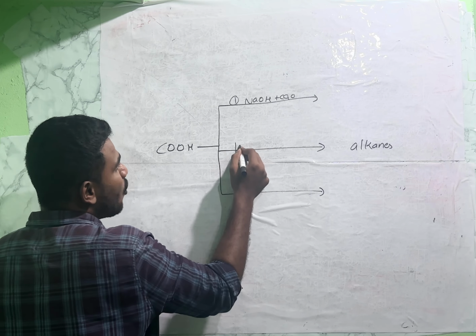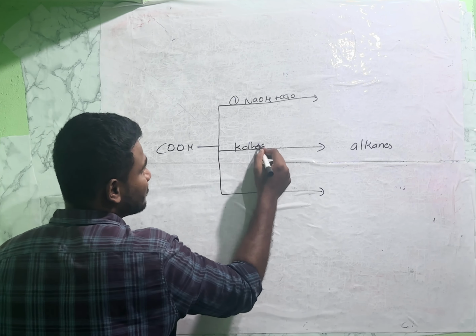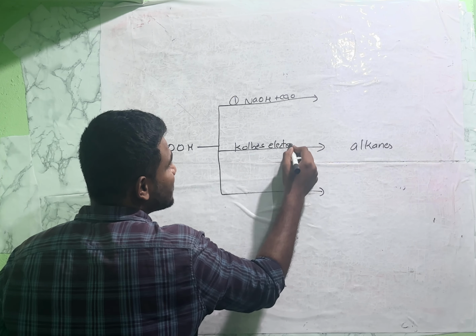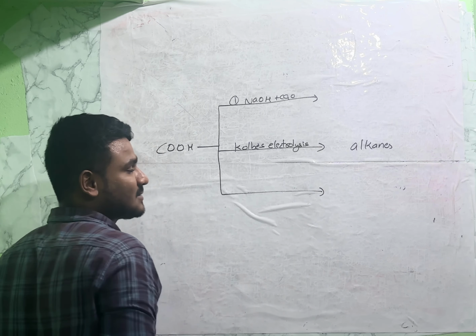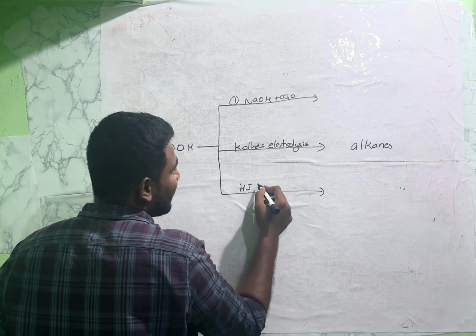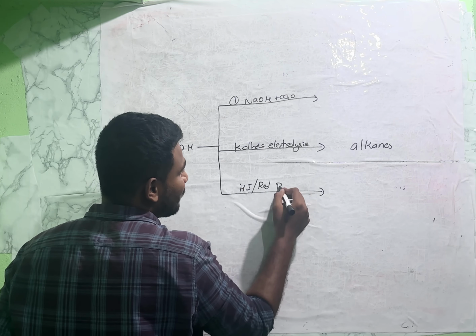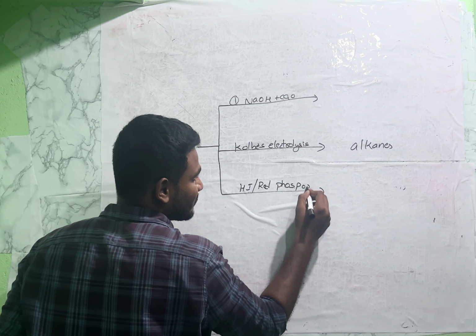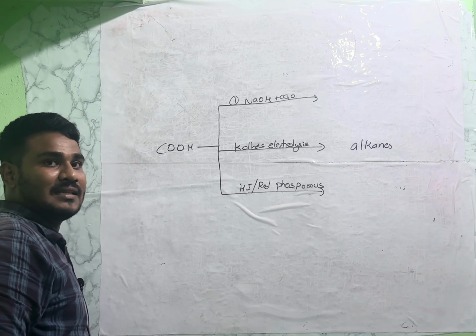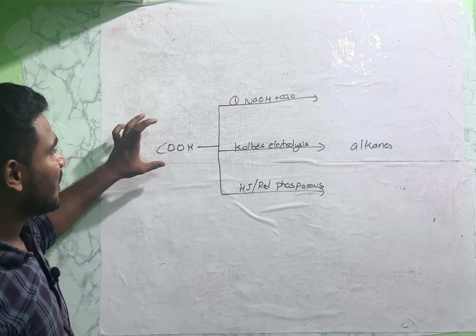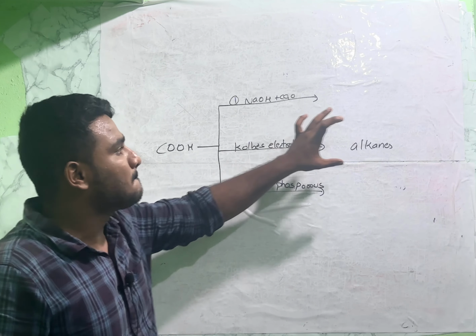The second one is Kolbe's electrolysis. The third one is HI in the presence of red phosphorus. Okay, these are the three reactions where we are converting this acid to alkanes.